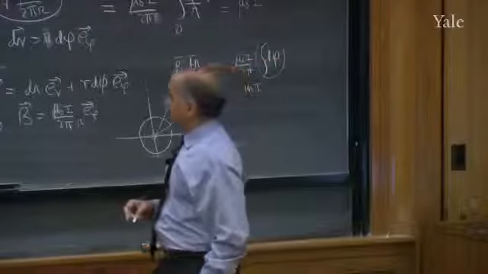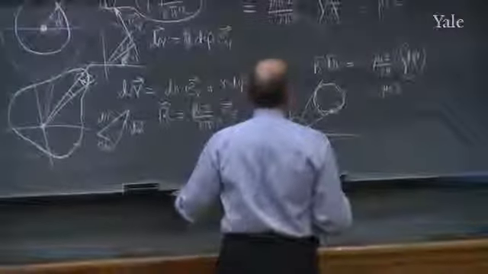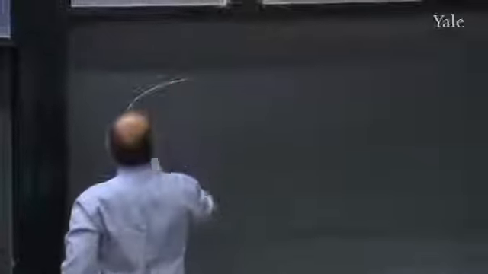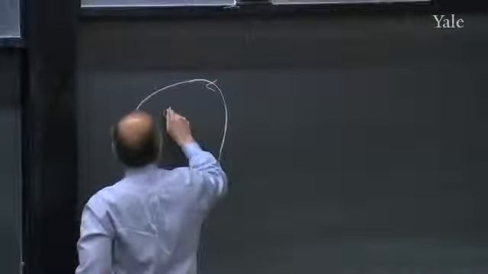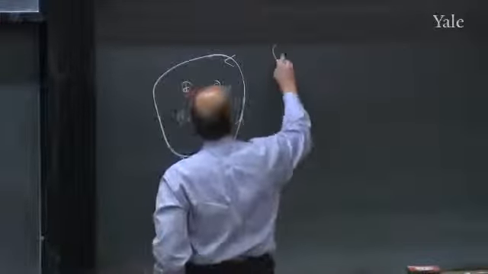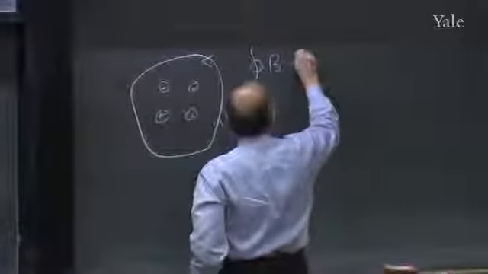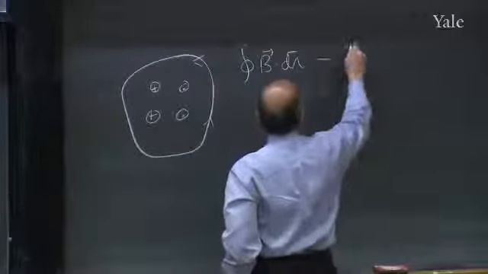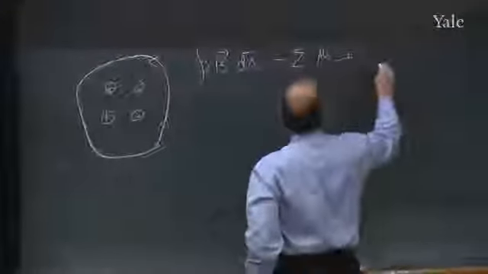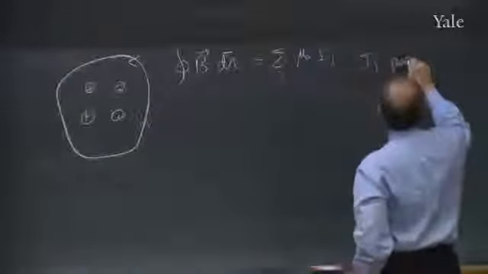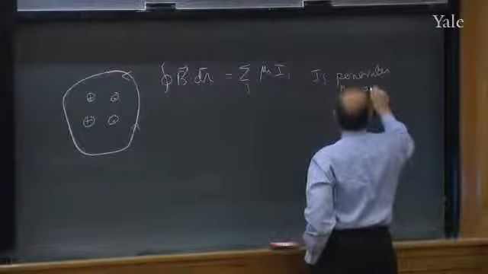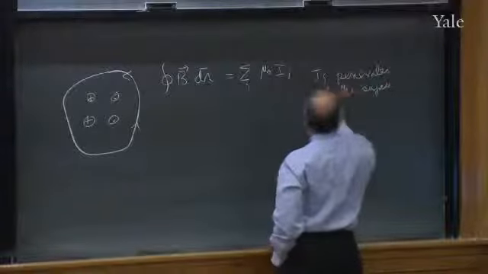And finally, by superposition, if you got many wires coming out of this, some are going in, some are coming out, some are going in, some are coming out, then integral of B dot dr is equal to mu 0 times the sum of all the currents I j penetrating the surface bounded by the loop.